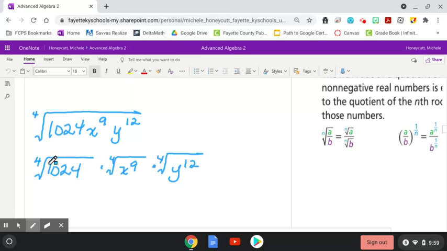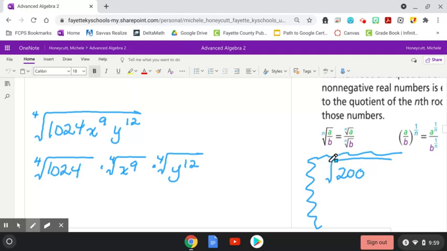Now, 1024 is not a perfect fourth power. That fourth root is going to be a decimal, but we don't want to write decimals. We want to leave our answers in exact form, which means we need a radical. So we're going to use the same idea you did before whenever you had to simplify something like the square root of 200.